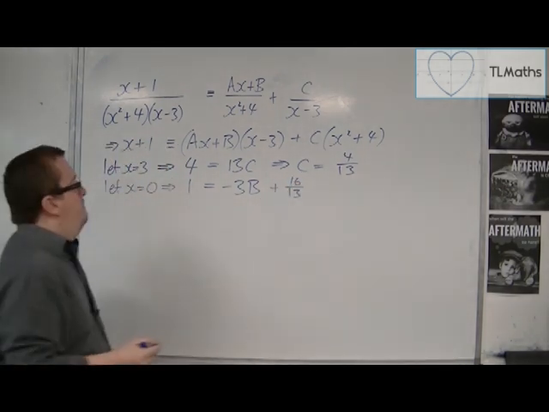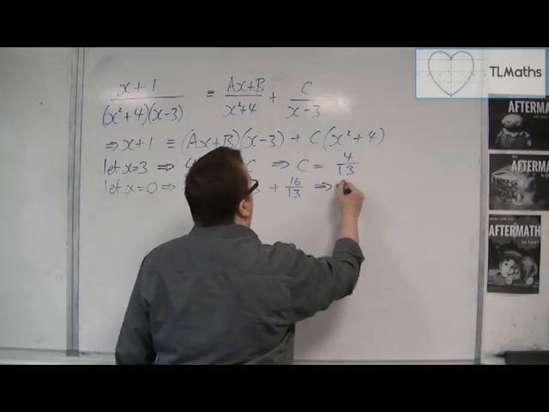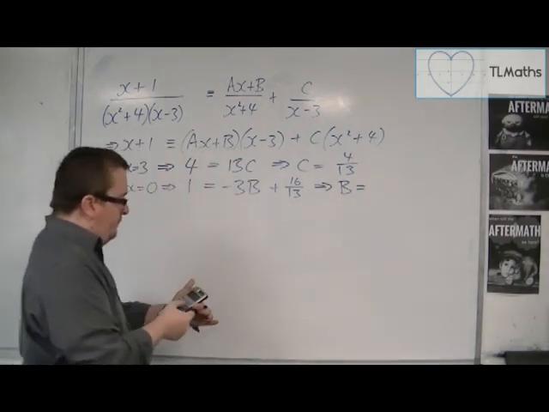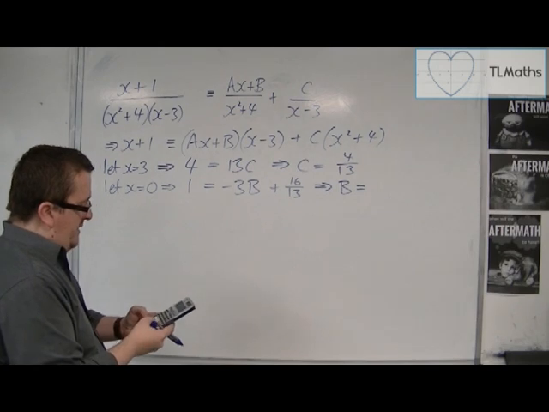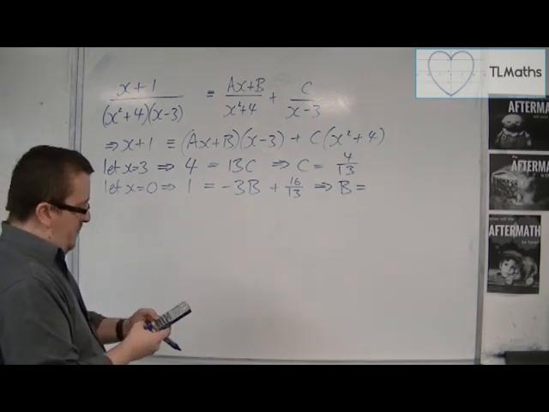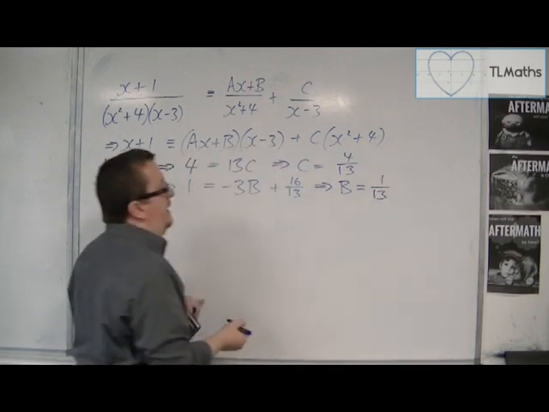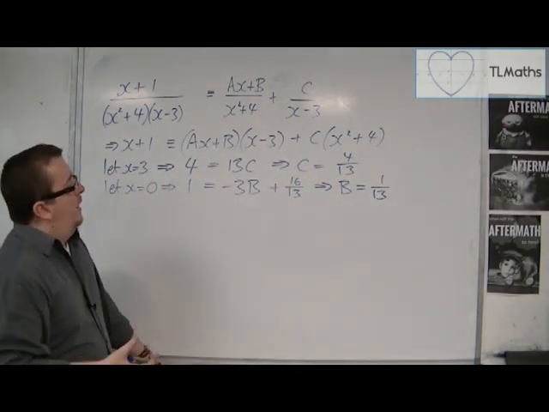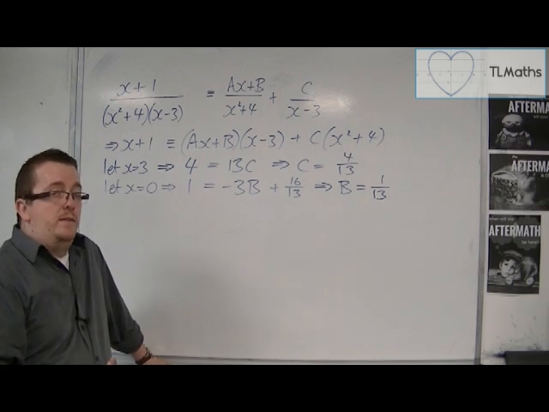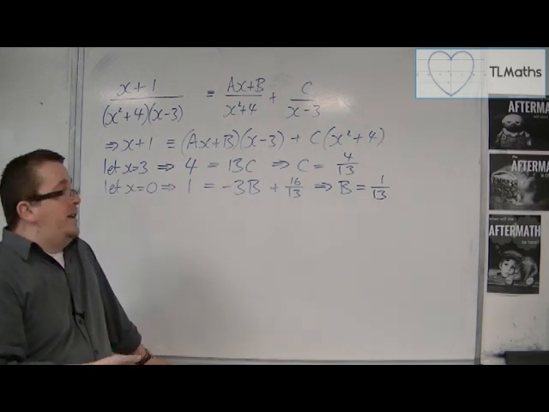Okay, so then we can work out what b is. 1 take away 16 over 13, divided by minus 3, is 1 over 13. So that's b.